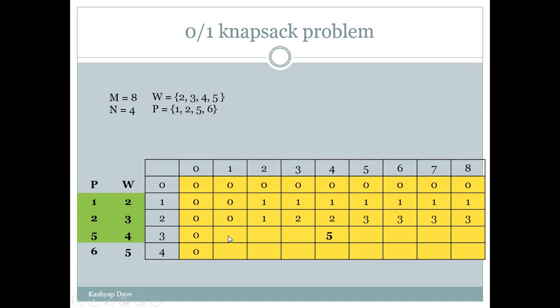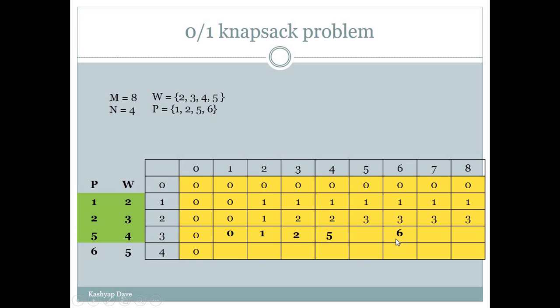Okay, so now for the 1, 2 and 3 we can get values directly from the above row. Now if we include 4 with 2, means 4 plus 2, our weight will be 6. So with the weight 6 we can get our profit as 1 plus 5, means 6.